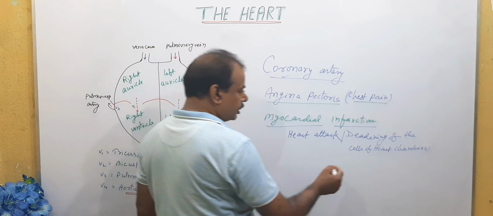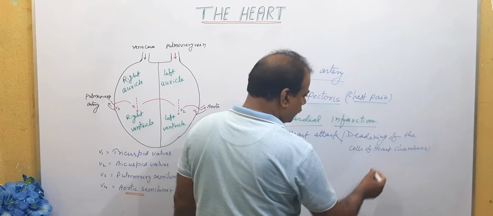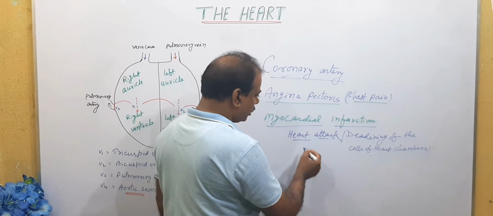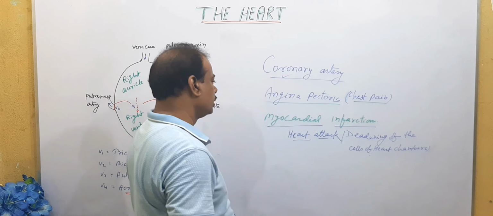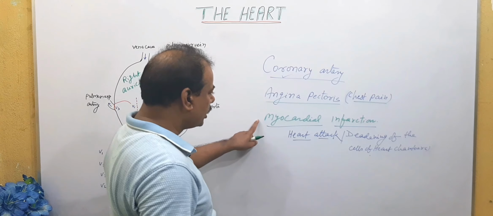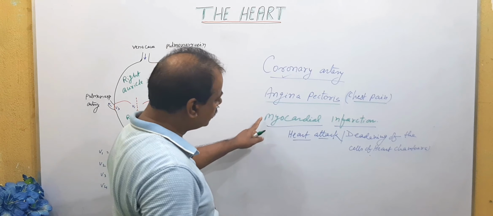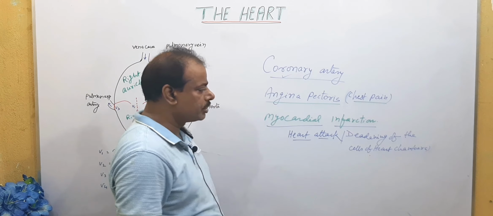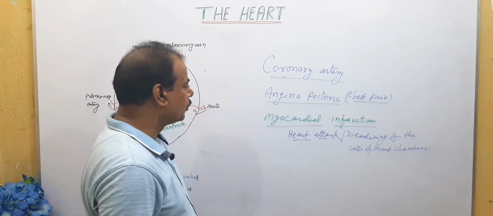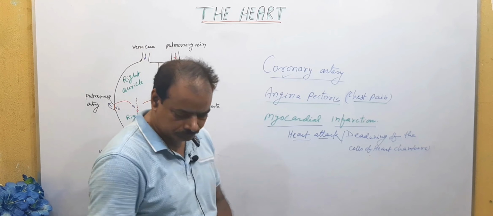That's why deadening of the cells of heart chambers can take place, which is known as heart attack, or biologically it is known as myocardial infarction. So myocardial infarction is caused due to sedimentation of cholesterol on the inner wall of coronary artery.